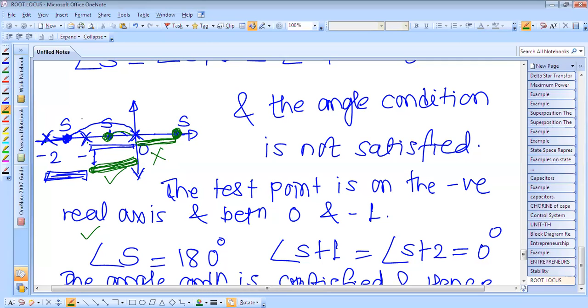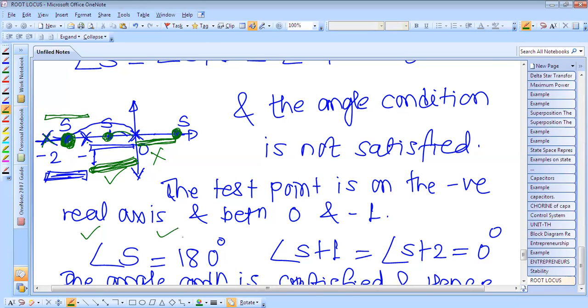Now consider the test point between -1 and -2. Again we check the angle condition. The angle made by the first pole is 180 degrees, the angle made by the second pole is also 180 degrees, and the angle made by the third pole is 0. So the total angle is 360 degrees.